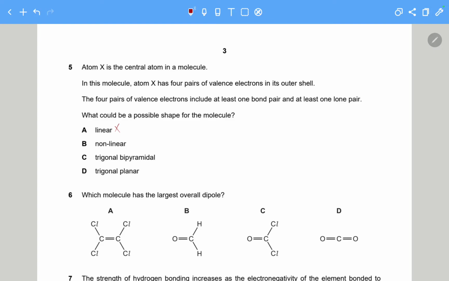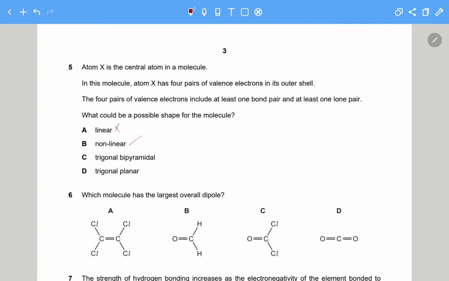So because of the lone pair bond pair repulsion, the molecule will not be linear. Remember, the lone pair repulsion is the highest, and then lone pair bond pair repulsion is also quite significant. So the molecule will not be linear as a result. Non-linear sounds like a plausible answer, but we'll see what the other options have to say.